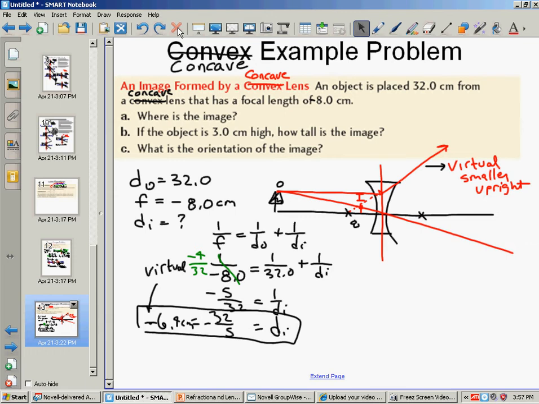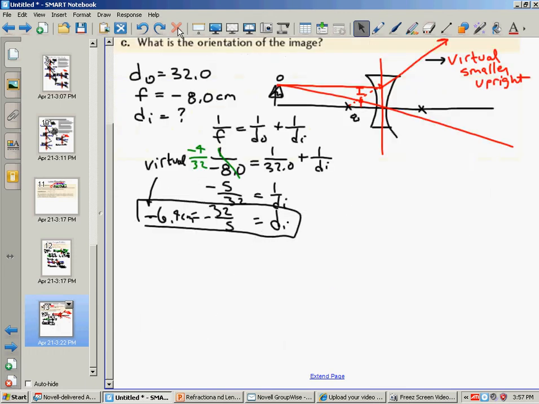How tall is my image going to be if the object is 3 centimeters? So hi over ho is negative di over do. Height of my image, unknown. Height of my object is 3. Negative, distance to my image is negative 32 over 5.